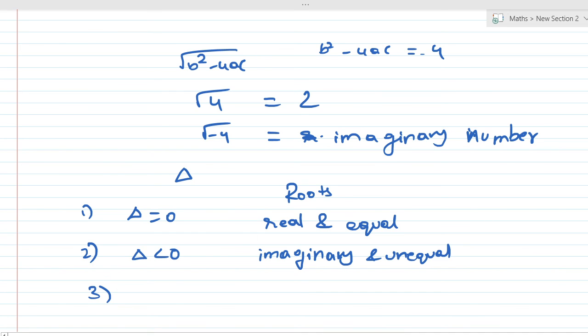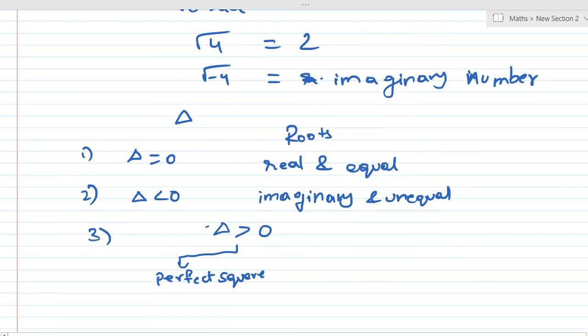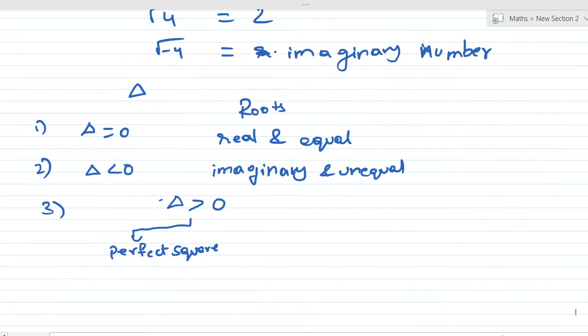Third one, if delta is greater than 0 and it's a perfect square, then the roots are real, rational and unequal.